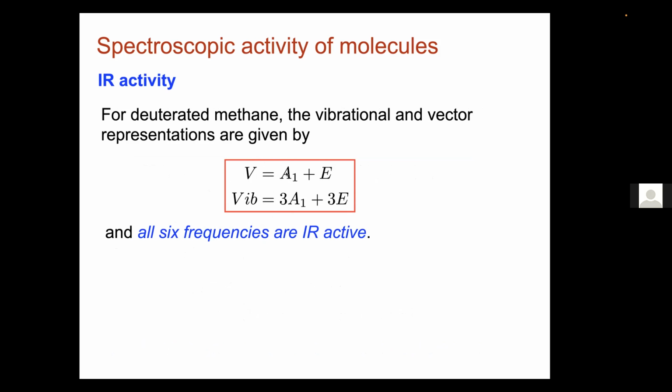But you see that A1 is contained in V. So from here, you could construct 3 invariants corresponding to these 3 frequencies. So these 3 frequencies are infrared active, and also these 3 frequencies are infrared active because the corresponding irrep is contained in V, and you can construct an interaction Hamiltonian. So this means that these modes interact with the electric field.